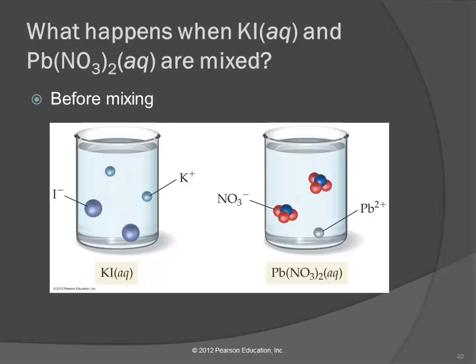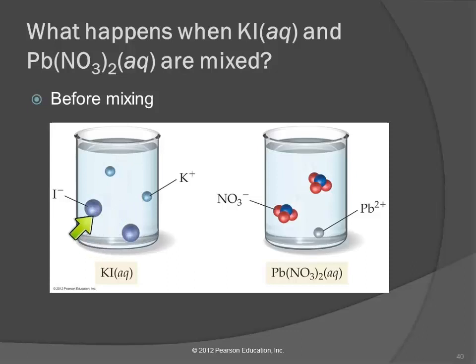So let's look at that more closely. So here's the potassium iodide in a beaker. This is an illustration of what the ions are doing. Here we have the iodide ions and the potassium ions. This is a strong electrolyte. It dissociates into ions. So this couple went to the party and they're mingling.